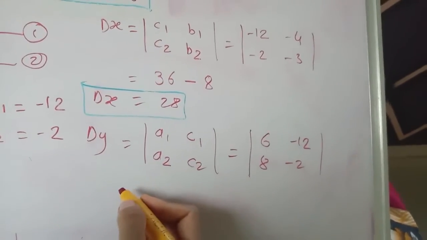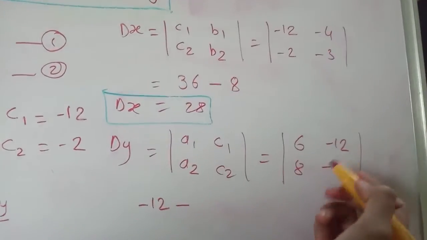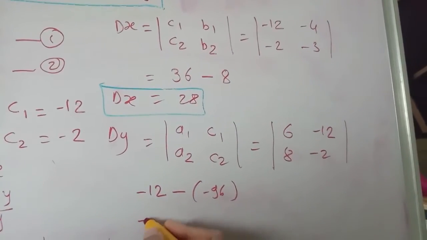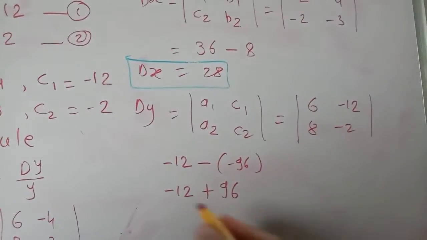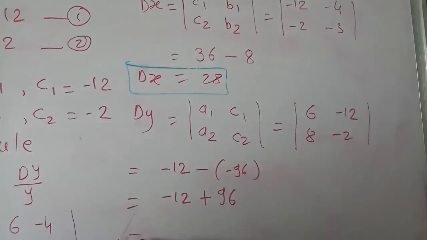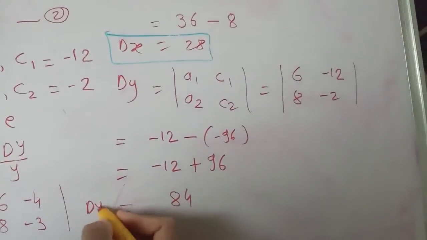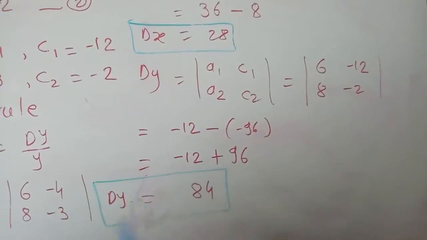So cross multiplication, 6 into minus 2 minus 12 minus 96. So minus 12 plus 96. Here there will be subtraction. So 84. dy is equals to 84.